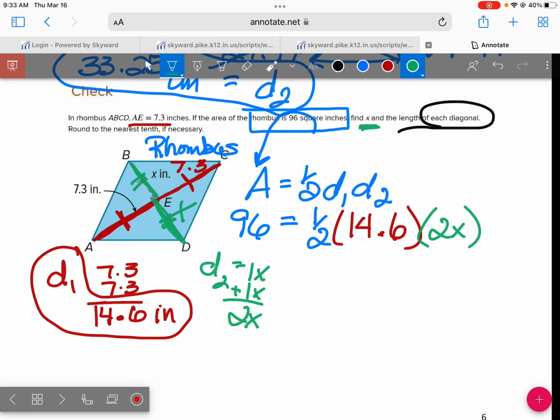Okay? We need to solve for x. So on your calculators, I want you to take 1/2 times 14.6 times 2. I want you to calculate all of this inside the black parentheses. 1/2 times 14.6 times 2.